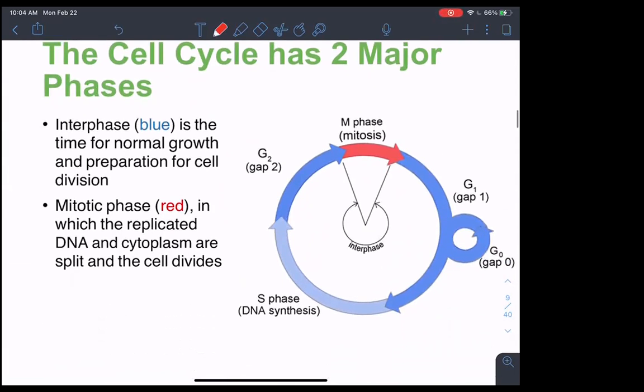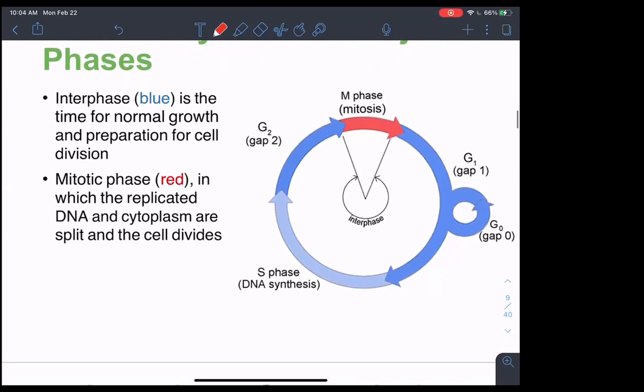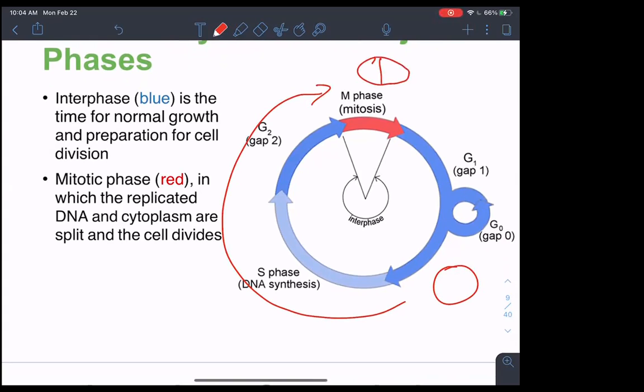And then the mitotic phase in red is where the replication of the DNA and cytoplasm is happening, and then it's split, and the cell divides, and it becomes two daughter cells. Basically, you start out with one cell here. It goes around, and once it hits this, it starts to elongate, it fissures, and before it jumps out, it becomes two. So you started with one, you ended with two. That's what is happening here.